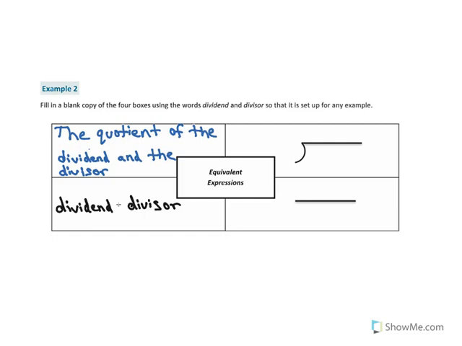Okay, so the next one is the division symbol. Here, we're going to write the dividend on the inside of the symbol and divisor on the outside.